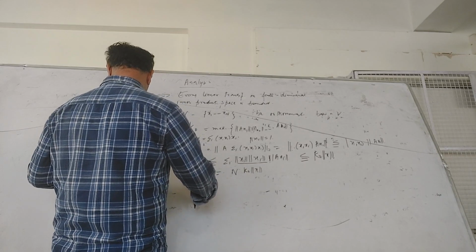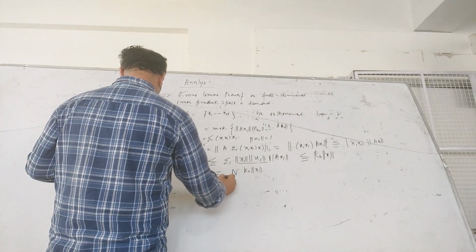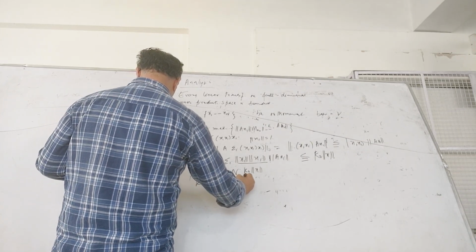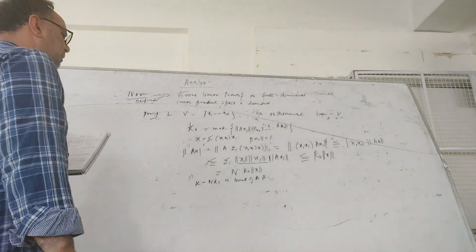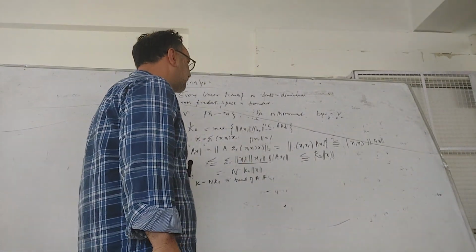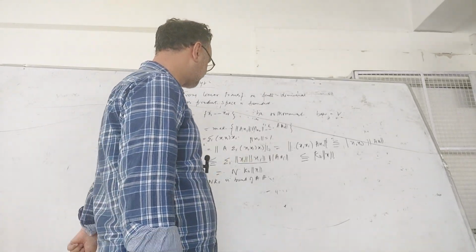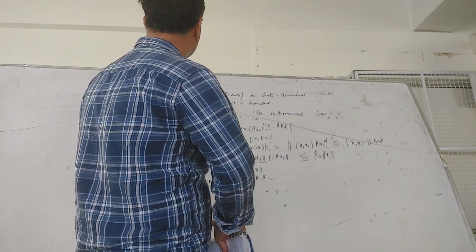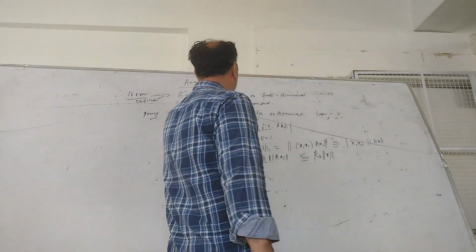So in other words, we have defined K as n times K naught, A is bounded, and so the proof is complete. The proof is very simple. We have only used the Schwarz inequality here to define this. And from this you can see that every linear transformation on a finite dimensional inner product space is bounded.